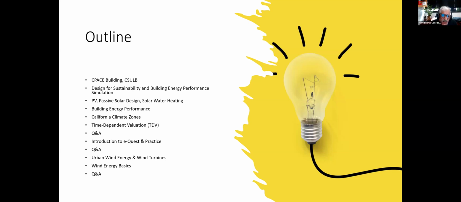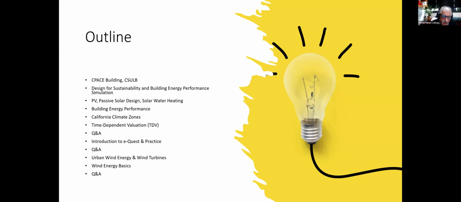Then generally we will talk about design for sustainability and building energy performance simulations. Then we will talk about PV, photovoltaic systems, passive solar design, solar water heating, and then building energy performance as related to the parameters for sustainability, and also depending on the type of zones that we have.